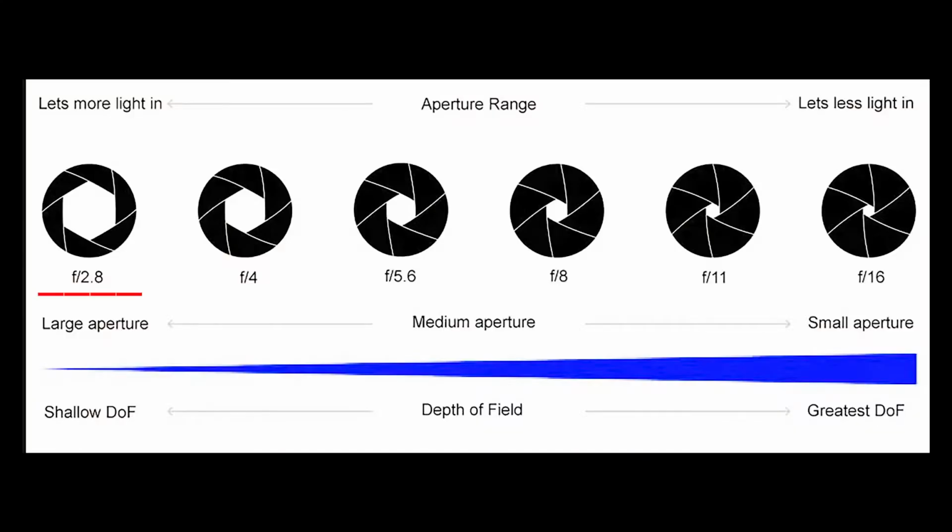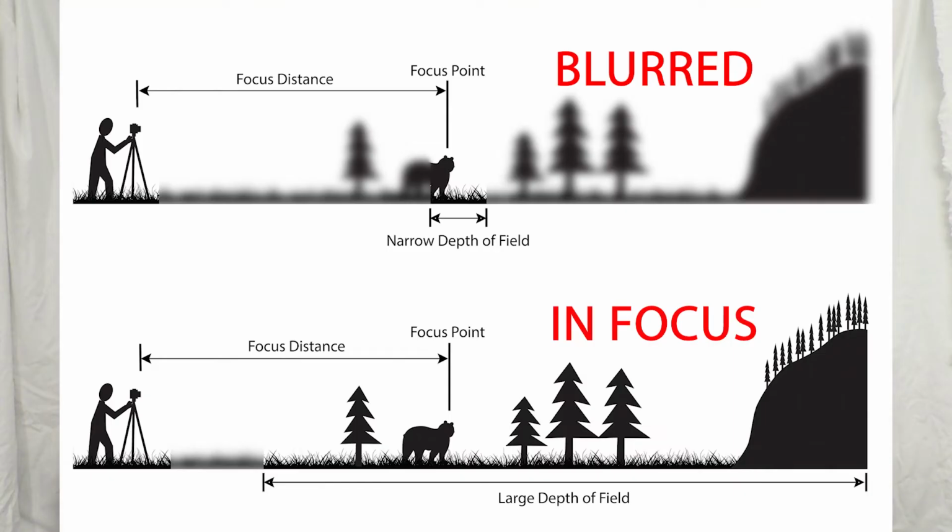So with the aperture, the smaller the number, the larger the opening. But when we talk about taking a portrait and a closer picture, when I open the aperture, my depth of field decreases.